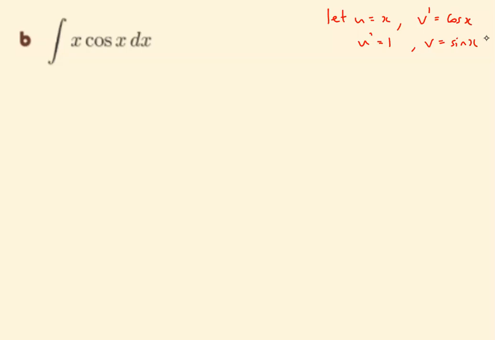So this expression becomes u times v, x times the sine of x, take away the integral of u' times v, so 1 times sine x, which is just sine x. The first term is left as is. If I integrate sine, I get negative cos, and I've got my constant of c.